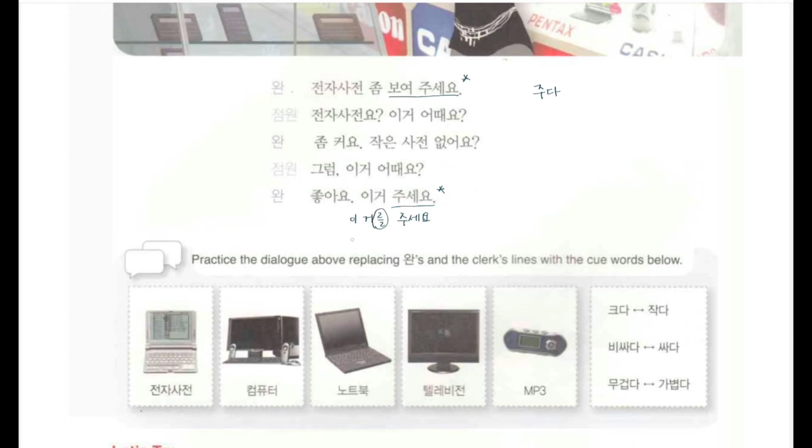Or to write it in a trimmed way, 이것을 주세요. So this is the complete version of this colloquial sentence. Because 주다 means to give, you actually need this object. Please give me this. Please give me that.